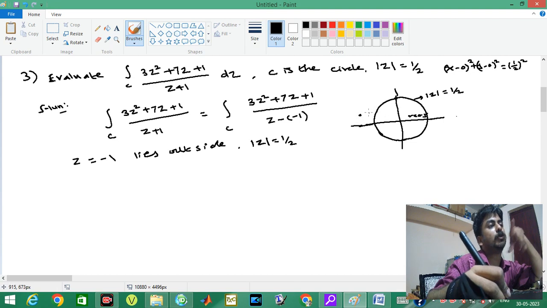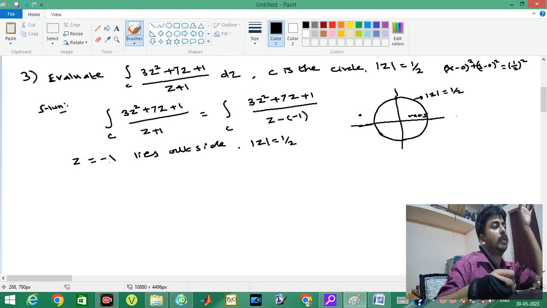So it will lie somewhere outside the circle. So z equal minus 1 lies outside modulus of z equal to 1 by 2. Therefore f of z is not analytic at z equal minus 1, but it is not a problem because our curve is only about the points minus 1 by 2 to plus 1 by 2 in z.